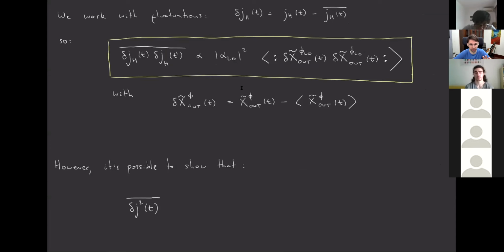It's interesting that this goes to infinity, okay? For all time, for common photodetectors.